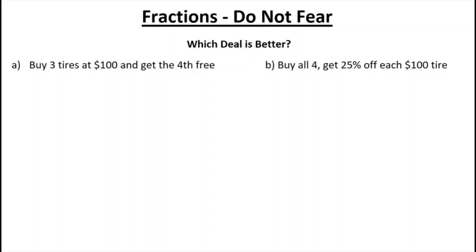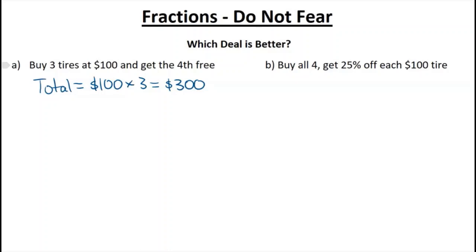So let's consider a little bit about fractions and percents here as we wrap up this section on fractions. Buy 3 tires at $100 and get the 4th free. Well, your total is equal to $100 times 3. So there you go. You're paying $300 for those 4 tires.